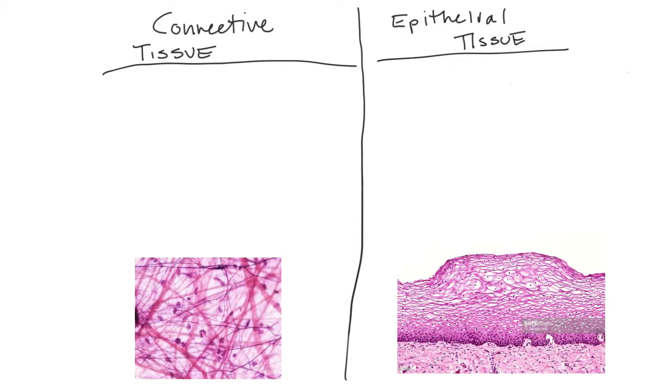All right, so we are first going to start talking about connective tissue, which has some characteristics that are in contrast to epithelial tissue. So first, if you remember, let's use red. The epithelial tissue arose from the endoderm and the ectoderm.